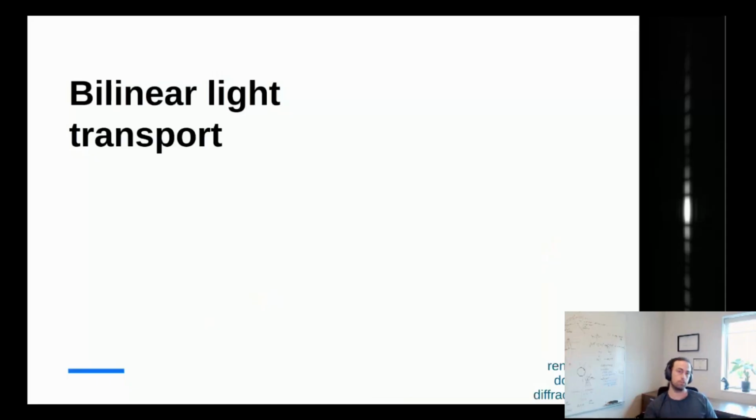So let me illustrate. I use existing tools to render a simple double-slit diffraction pattern, and I will compare an incoherent framework where I use a free space diffraction BSDF, which I will talk a little bit more about later. This free space diffraction BSDF lives in an incoherent framework, and I will compare it with a uniform theory of diffraction, so with a bilinear framework.